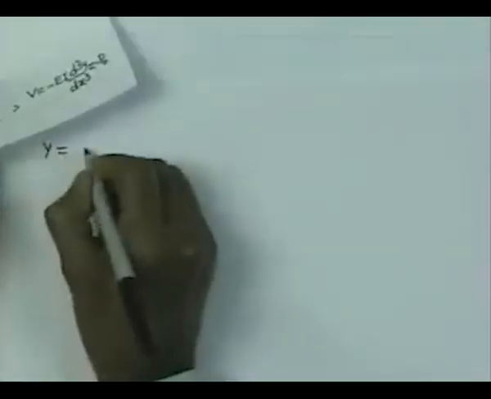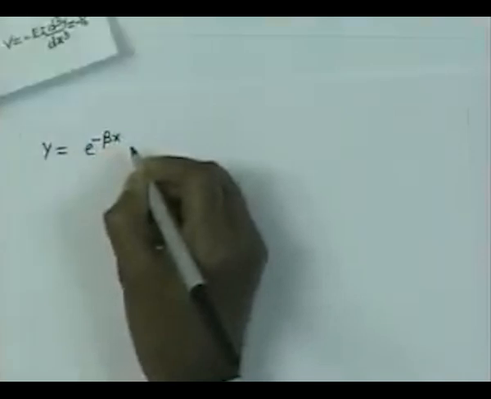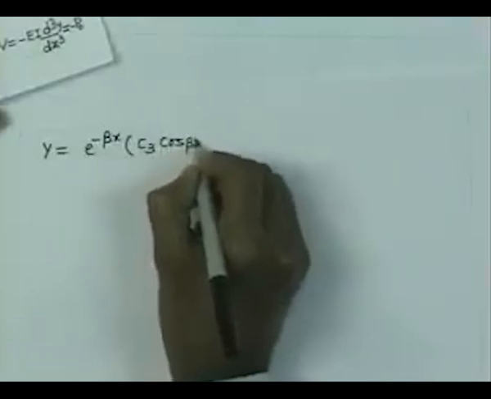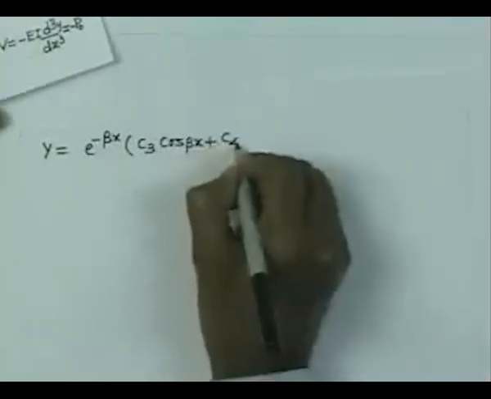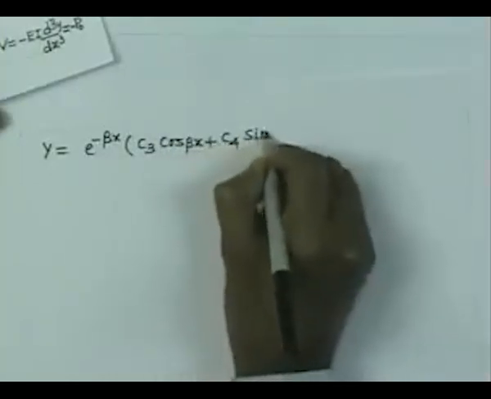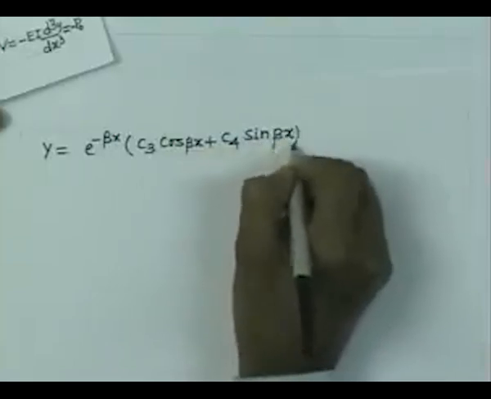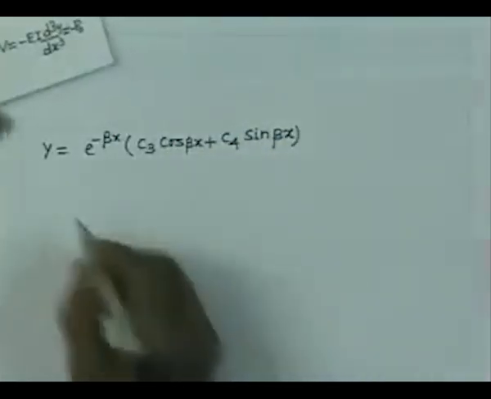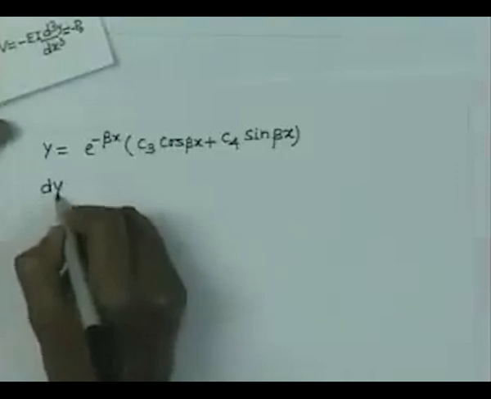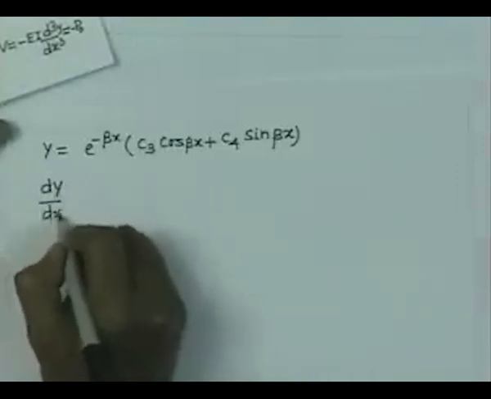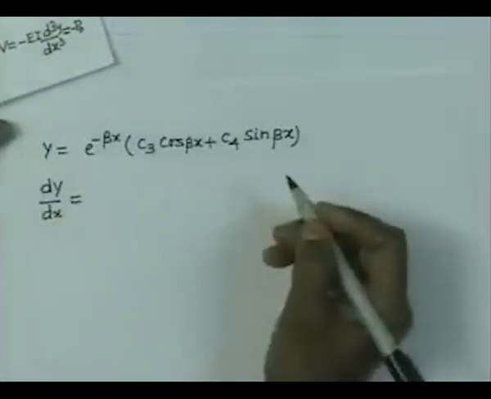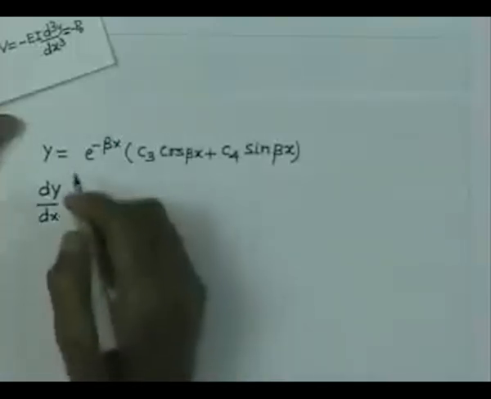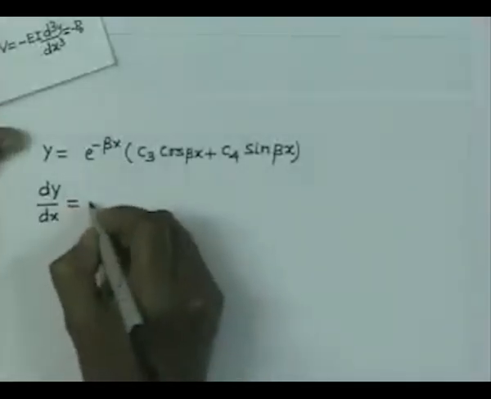y equals e to the power minus beta x into C3 cosine beta x plus C4 sin beta x. If I now try to write dy dx, we have a product of two functions, so it is not difficult to write the derivative.